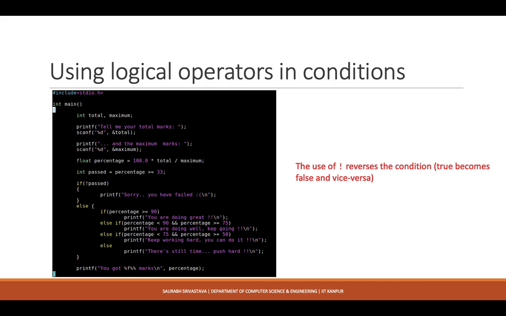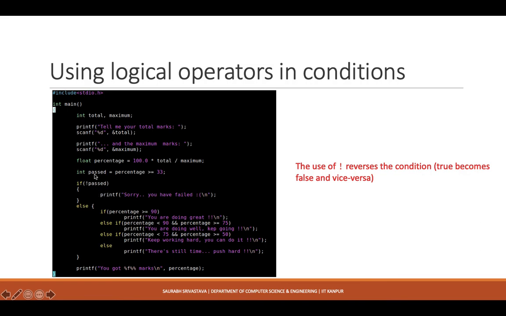You can put a printf statement at this point and check what exactly is getting stored in passed. But anyhow, what I'm trying to say is if your percentage is greater than 33, the value of passed will be 1. So if I do not of 1, 1 was true, so not of 1 will become false. So I will not come here, okay.